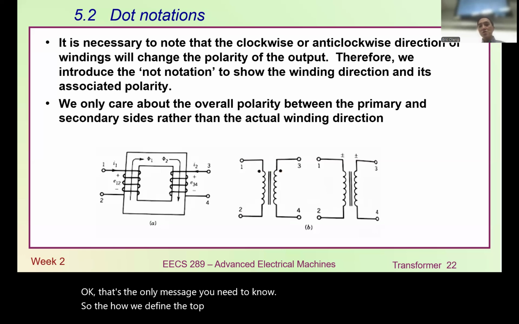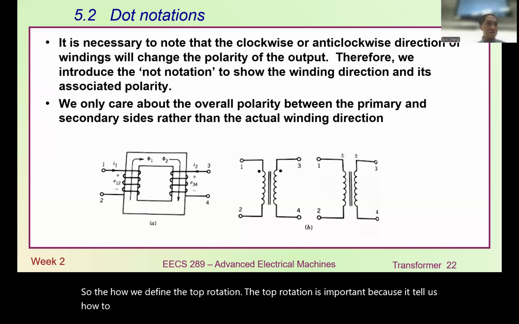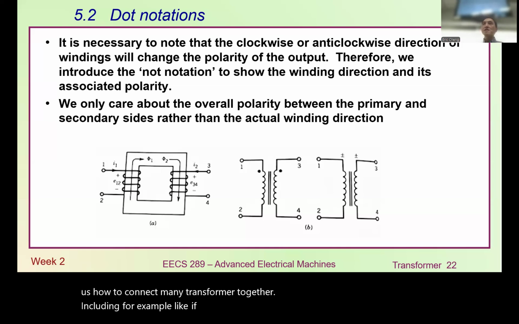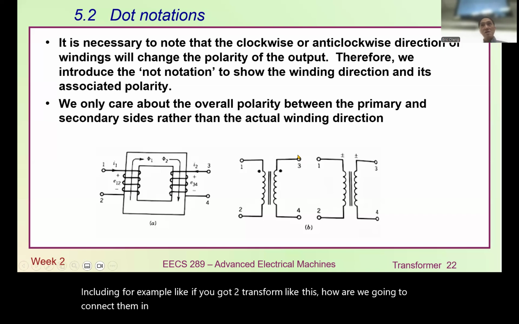The dot rotation is important because it tells us how to connect many transformers together. For example, if you've got two transformers like this, how are we going to connect them in series or in parallel? If you don't have a dot, we have a problem.